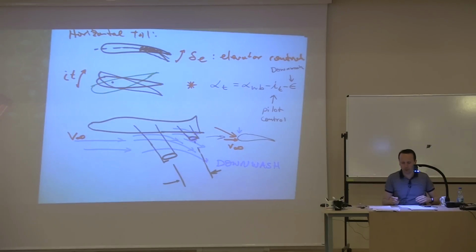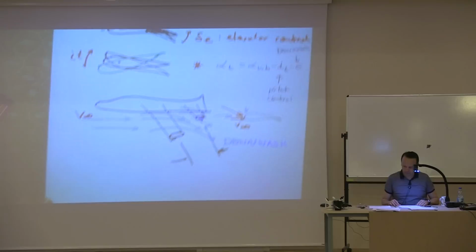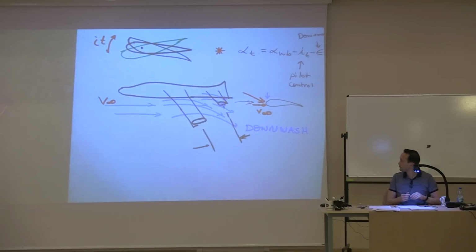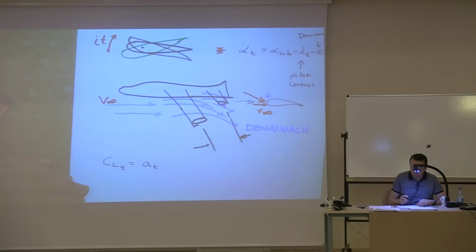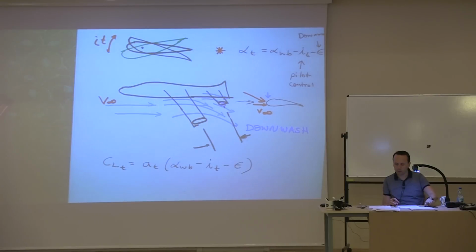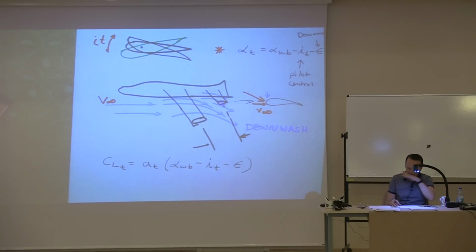Then the downwash is 0. But for the sake of keeping it general, let's keep that downwash over there. Okay? So as a result, CL tail is equal to aT, the lift curve slope, times alpha wing body minus iT, the pilot control, minus the downwash. Okay?